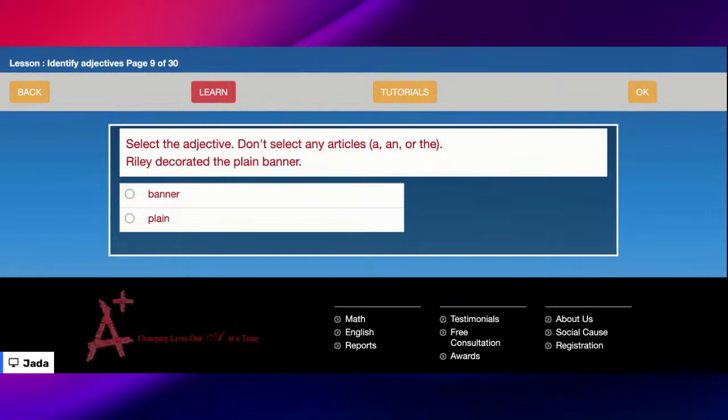Rarely decorated the plain banner. So is it banner or plain?